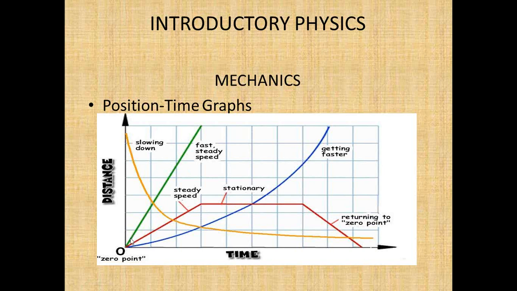When you have a line going from left to right and you do your slope, if you get a positive slope, then it tells you that it's a motion from left to right. With a negative slope, if the curve slopes downwards, it tells you that it's a motion from right to left.